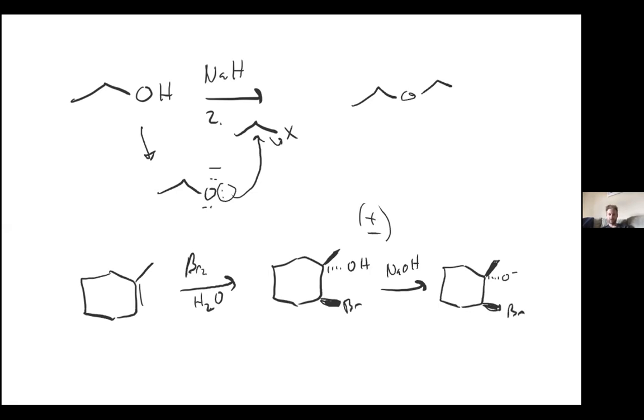From here, we are nicely set up to do a Williamson ether synthesis. So this can come in, attack here, kick out this Br, and make an epoxide.